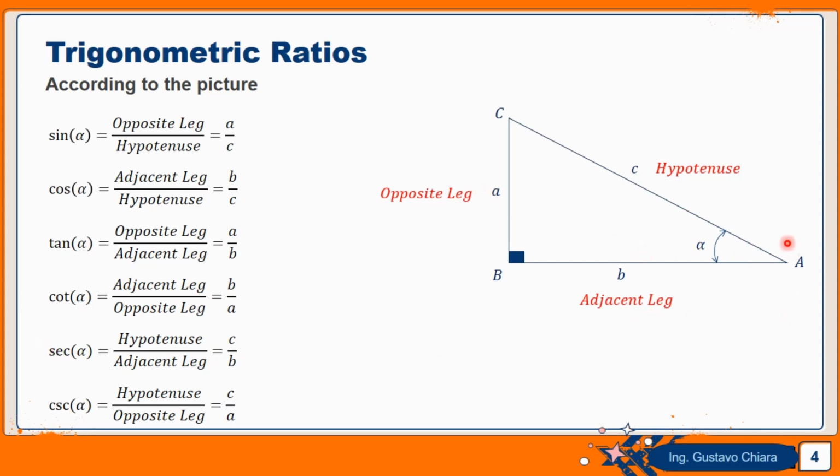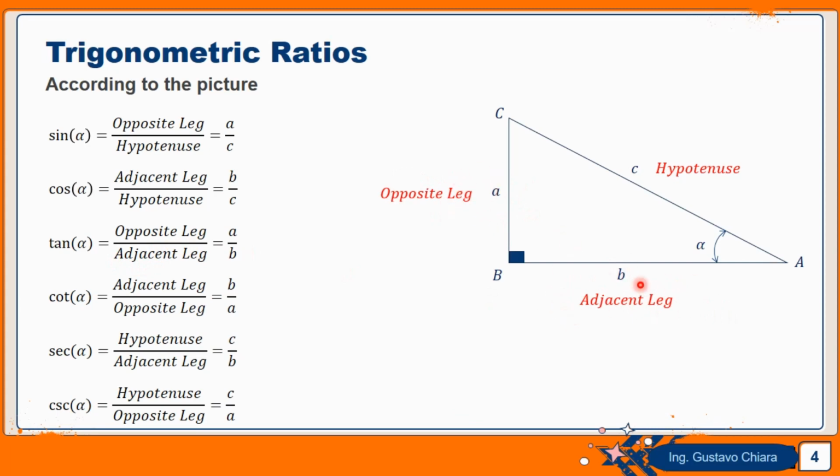The second one, the cosine function, is defined as the adjacent leg divided by the hypotenuse, and is equal to B divided by C. The tangent function is defined as the opposite leg divided by the adjacent leg, A and B. The cotangent function is defined as the adjacent leg divided by the opposite leg, as you see.